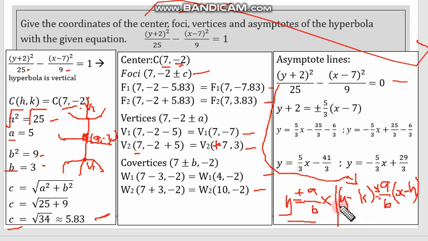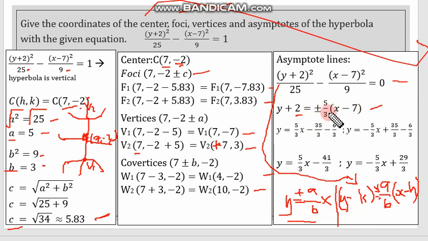So that's y minus k. Here k is negative 2, so negative times negative, that's positive 2, is equal to a, which is 5, over b, which is 3, times the quantity x minus 7. So we will simplify this one.